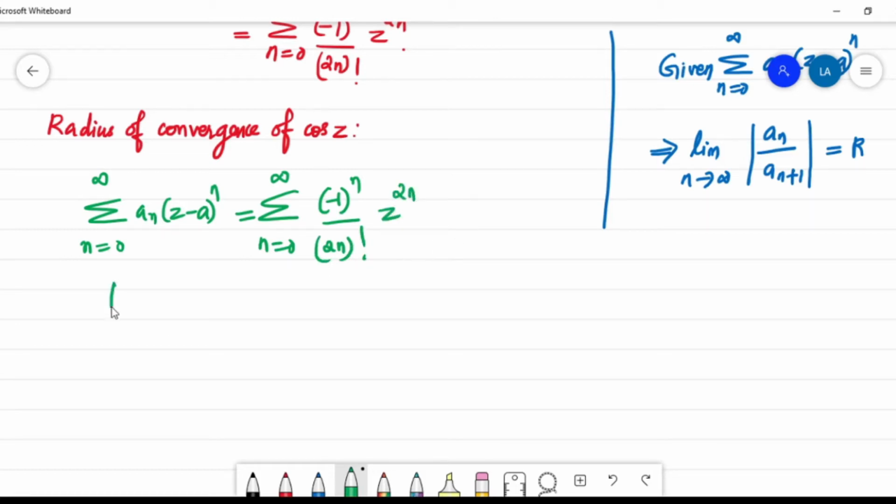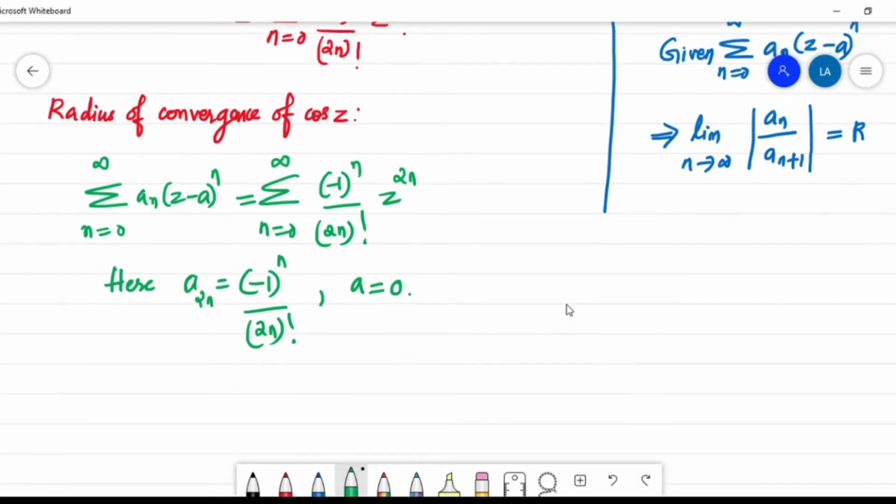So, instead of a n, we are having a little change, that will be a 2n, and a 2n is equal to minus 1 raised to n divided by 2n the whole factorial, right? Okay. And instead of a, we will have 0.